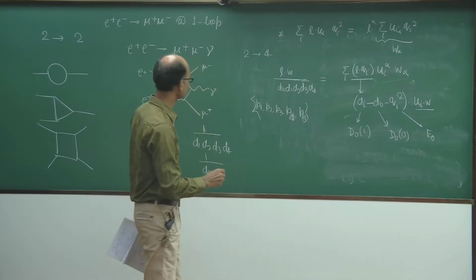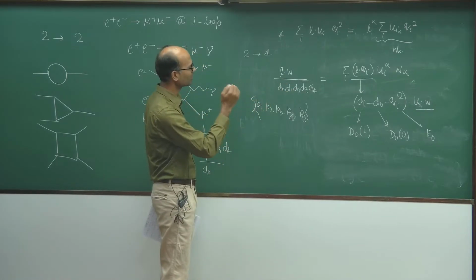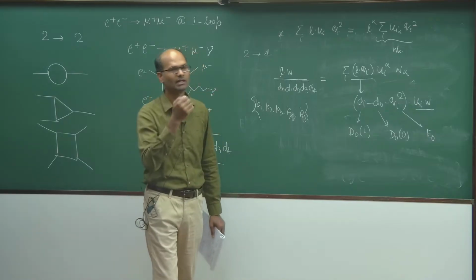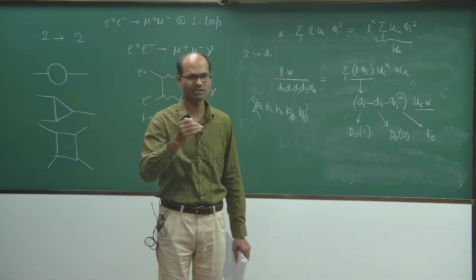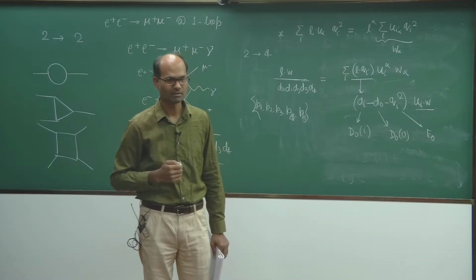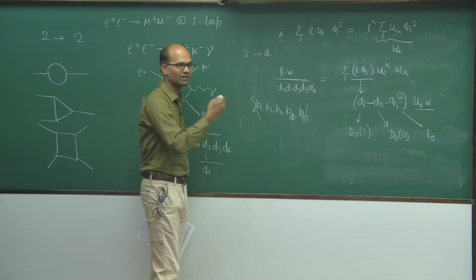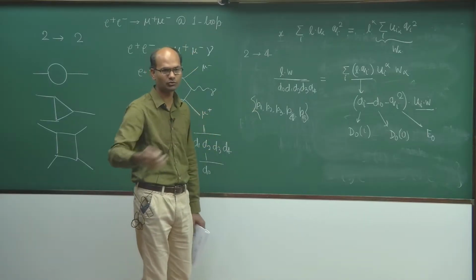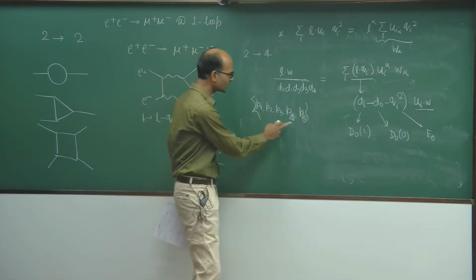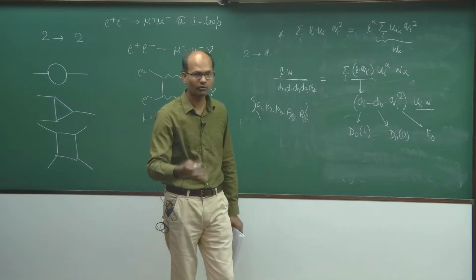So all I'm saying is that up to the 5-point function, we had 4 independent momenta, and we said I would uniquely express my loop momentum in terms of those 4. But when I'm discussing say 2 to 4 scattering or 2 to 5 and so on, this set is increasing, but I'm still in 4 dimensions.